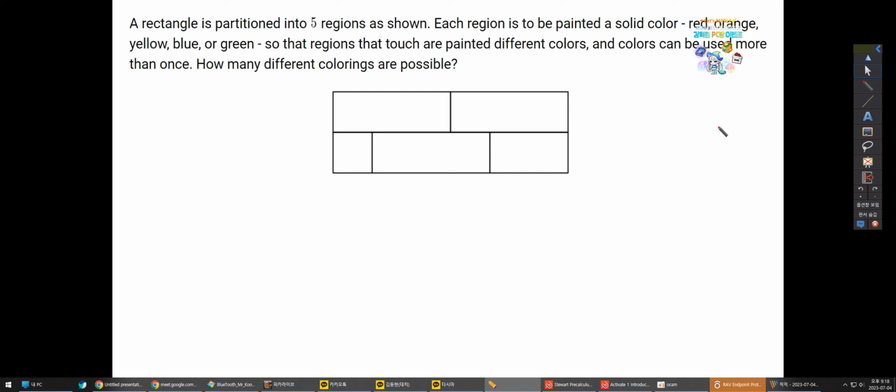Yeah, if there are five colors, the first case is we can use all five colors. In such a case, the number of cases is 5 factorial. Do you know the value of 5 factorial? Multiply. Yeah, 120 is 5 factorial. And let's say we use just 4 colors. But in this case, the regions that touch are painted different colors.